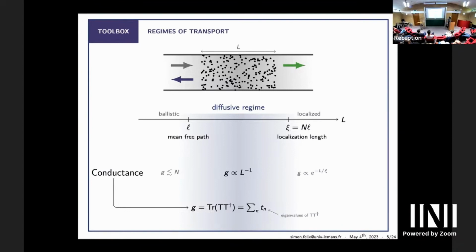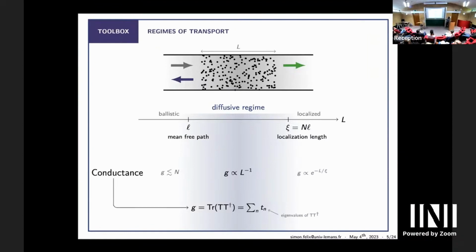Depending on the length of the slab regarding the mean free path, if the length is small compared to the mean free path, we are in what we call the ballistic regime, so the wave is only weakly scattered by the slab.